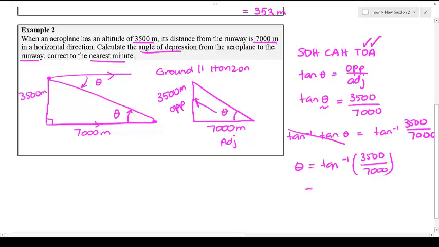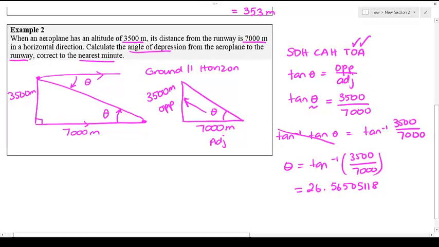You can put all that in your calculator, and when you do that, you get 26.56505111. This is our degrees as a decimal. Because the question's asking us to the nearest minute, we use the degrees, minutes, and seconds function on our calculator.